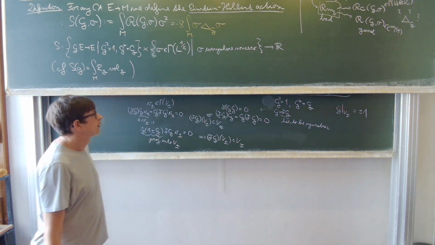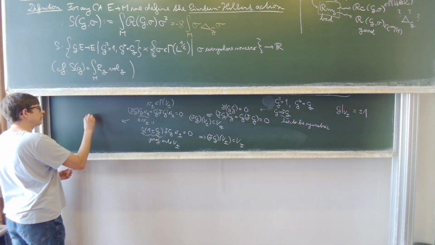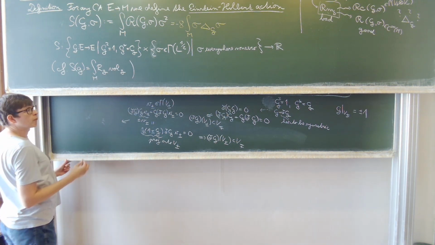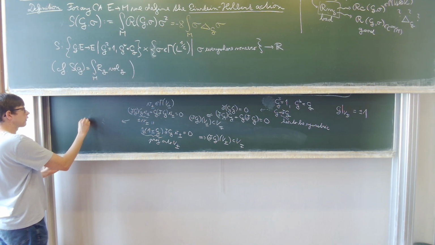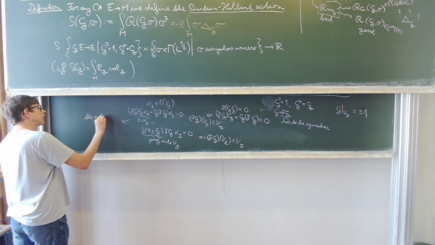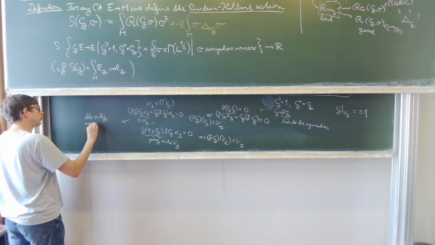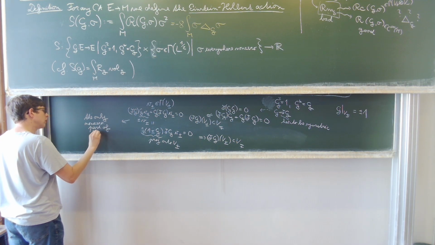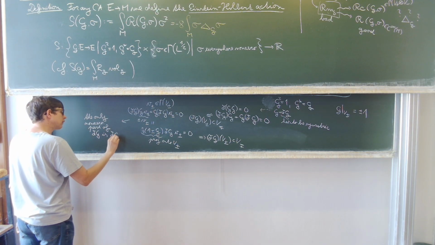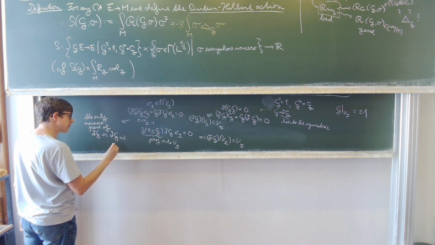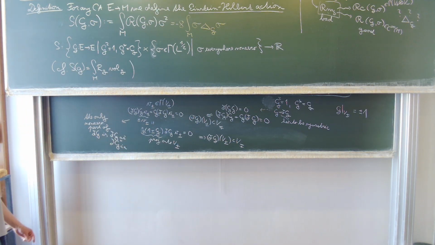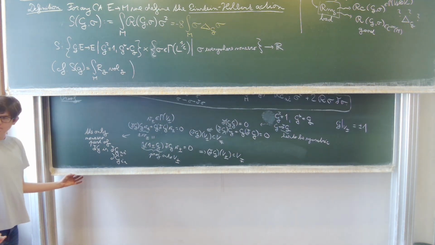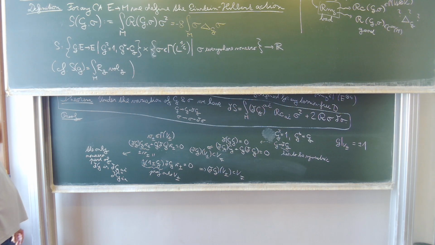So the moral is that the only non-zero part of delta G is delta G with this kind of mixed term, and the one corresponding to it, but they are the same because of symmetry.